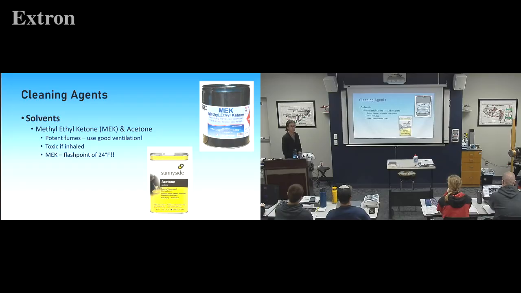I think I must be misunderstanding the definition of flash point, based on the fact that we have MEK and we're not combusting right now. It is above 24 degrees Fahrenheit. If I open up the container, at that point it starts to release fumes. Have you used MEK yet? As you open the container, do you start to smell anything?